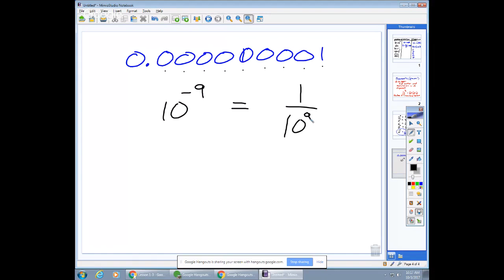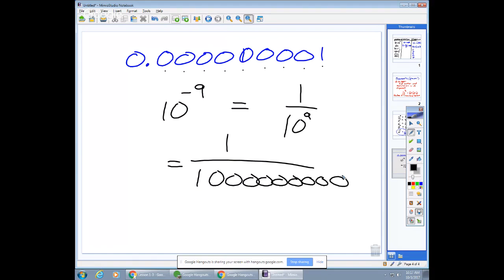So 10 to the 9th would be a 1 with how many zeros? 9 zeros. So this is really equal to 1 over 1, 2, 3, 4, 5, 6, 7, 8, 9 zeros, which is what number? So that's 1 billionth, if I wrote it in words.